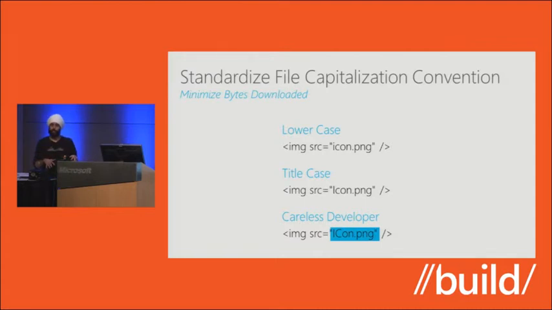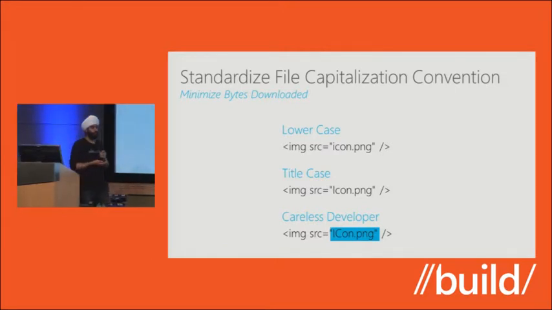Now the server may serve back the exact same file. It may recognize that they're the same files. But from the web platform's perspective, these are 3 different files. These are 3 different network requests. These are 3 different files stored on the machine, which are in fact competing for the resources that we talked about earlier. So standardized file capitalization can, in many cases, improve your performance.